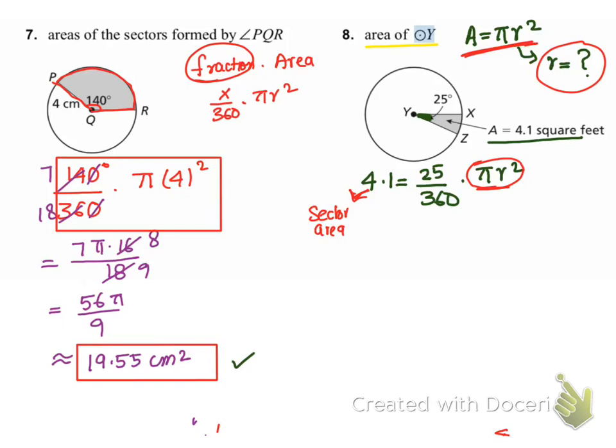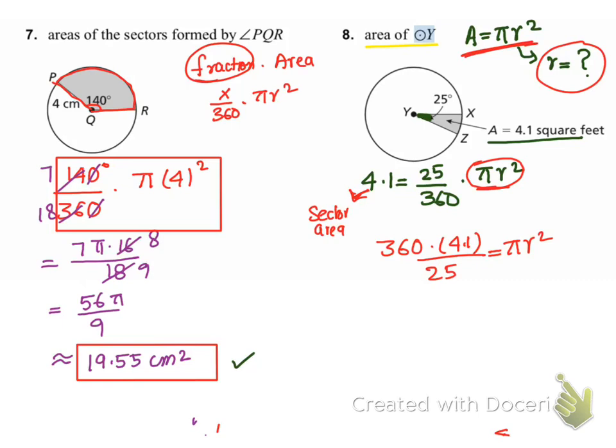So I divide both sides by 25 and multiply by 360 on both sides, so I get 360 times 4.1 over 25 equal to pi r square. All right, and pi r square is actually what? Area.